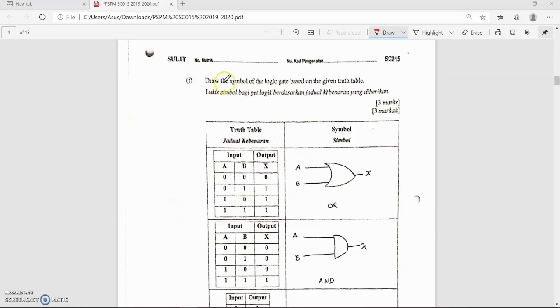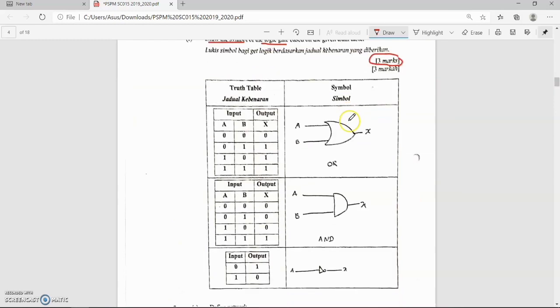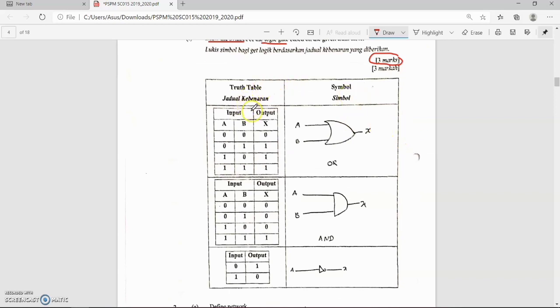Next question. Draw the symbol of the logic gate based on the given truth table. Okay, this one we have 3 marks. So in the keyword, draw the symbol of the logic gate. Okay, so you see the first truth table.